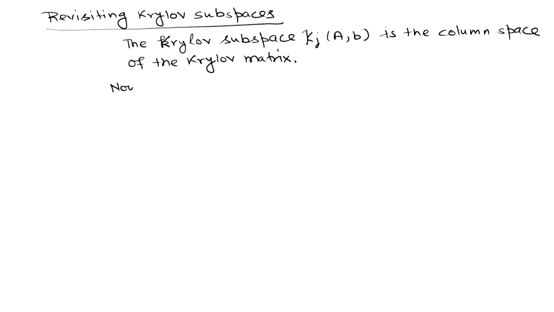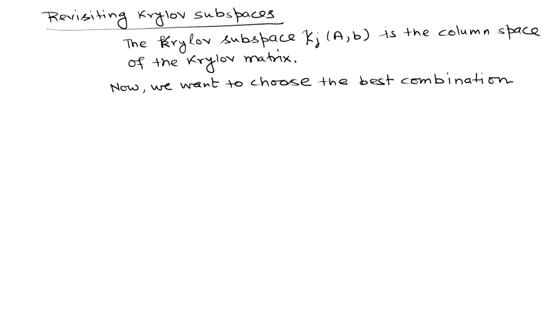Now, for solving a linear system, we want to choose the best combination as our improved x_j in the jth iteration, if you have x_(j-1).